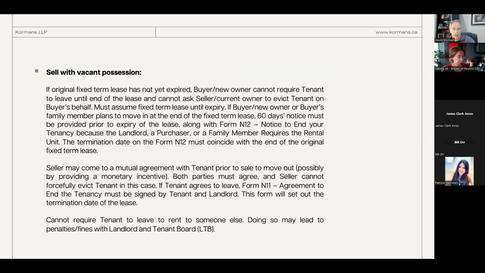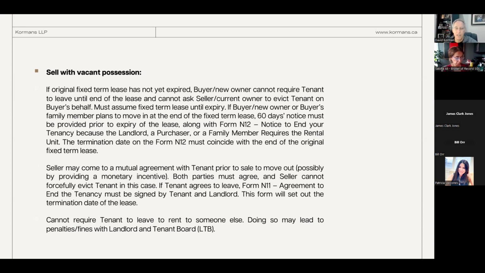The other scenario is the intention is to sell a property but provide vacant possession. So now we have a tenant in there, but we want to provide vacant possession. So how are we going to deal with that? If there's a fixed term lease that hasn't expired, the tenant doesn't have to leave. The tenant has rights.